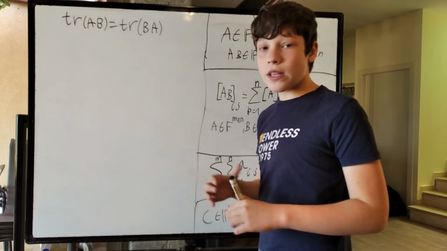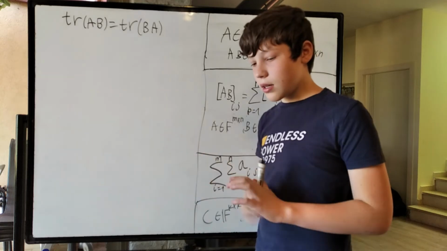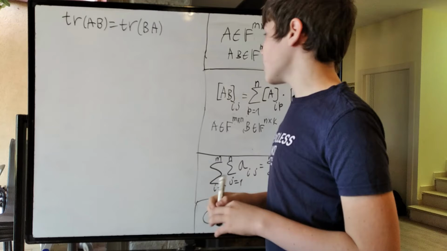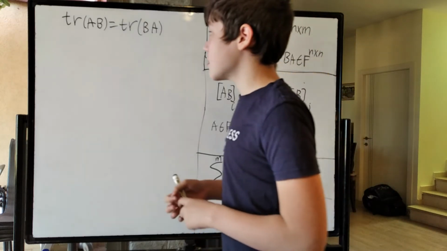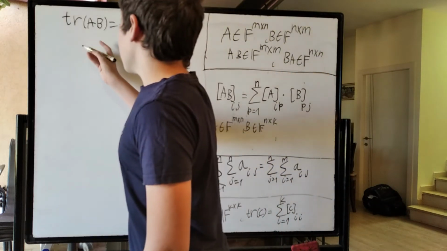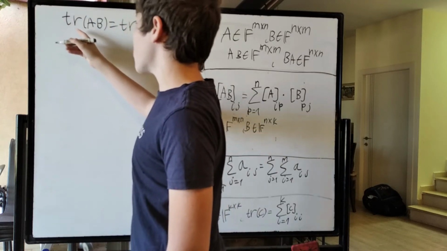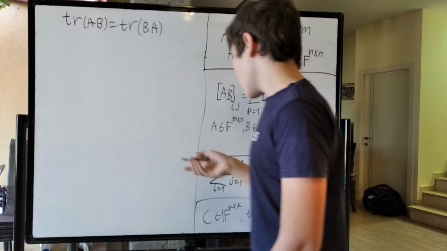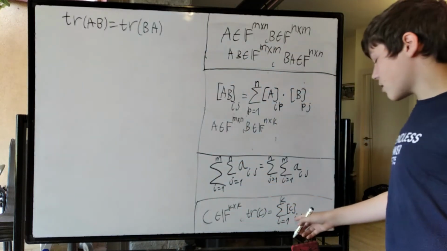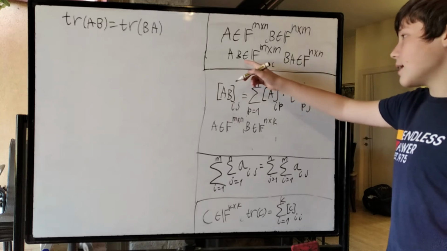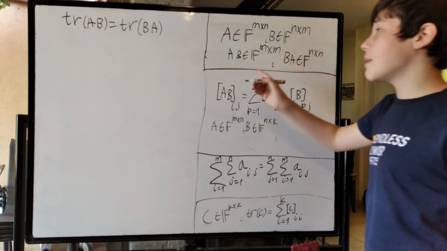So, the proof is not a very exciting proof. It's an algebraic proof, but it gives a nice, cool result. So let's see. First of all, if we look at the trace of a function, again, what it is, this sum right here. And A times B is of size n by n.